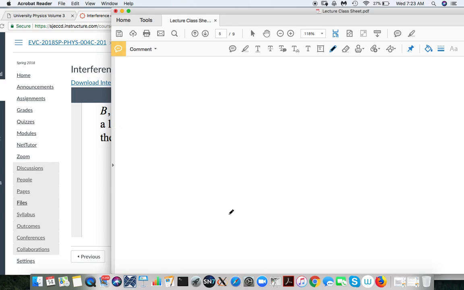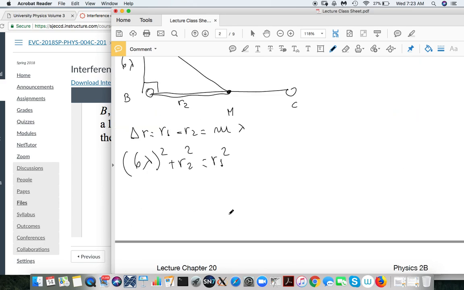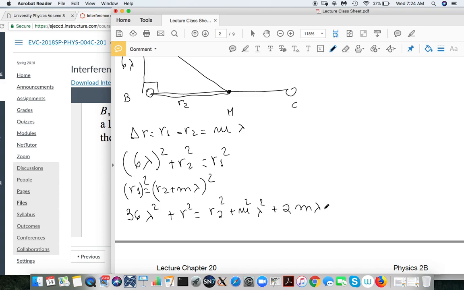But R1 is equal to R2 plus m lambda. So I can write 36 lambda squared plus R2 squared is equal to R1 squared, which is R2 squared plus m squared lambda squared plus 2 m lambda R2. This can be cancelled.